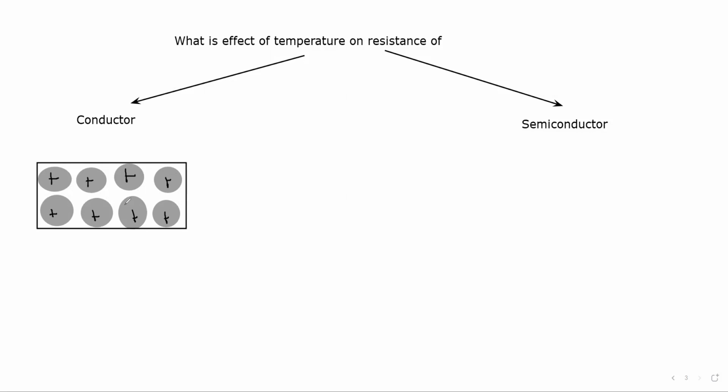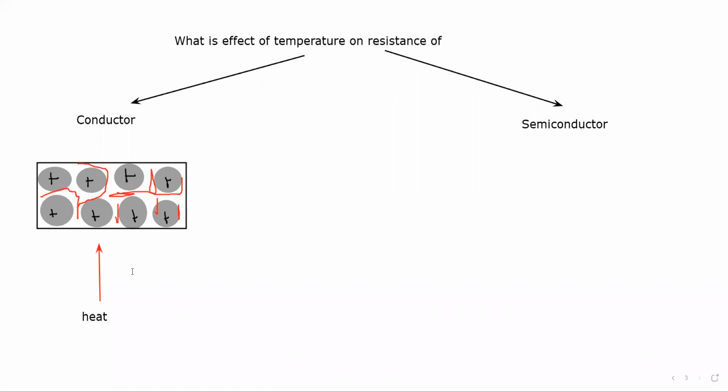These positive ions already lost their electrons, so these are the electrons which are moving, the delocalized electrons moving within the structure. Now what we are doing, we are supplying heat energy. When I supply the heat energy, this heat energy will cause the vibration, like the ions, the lattice vibration increase.